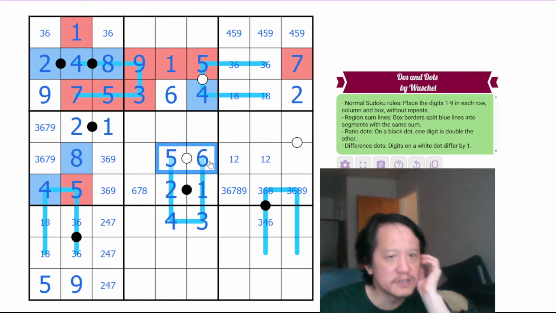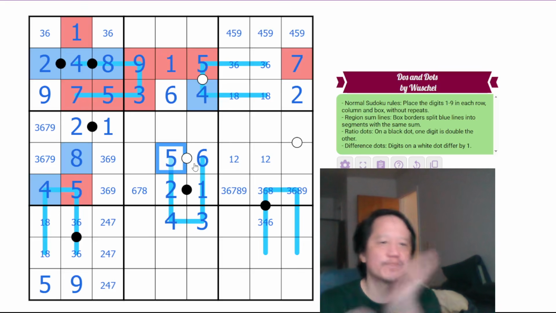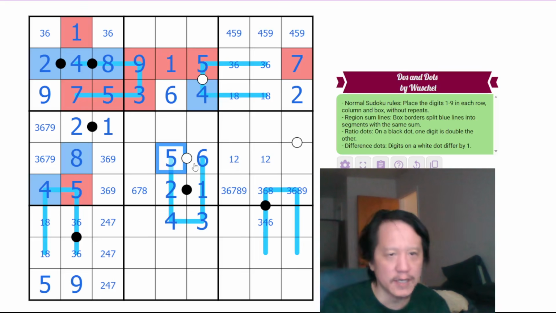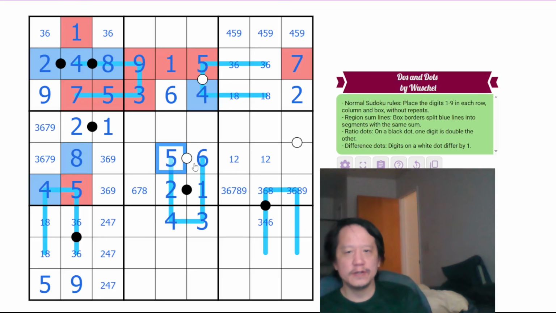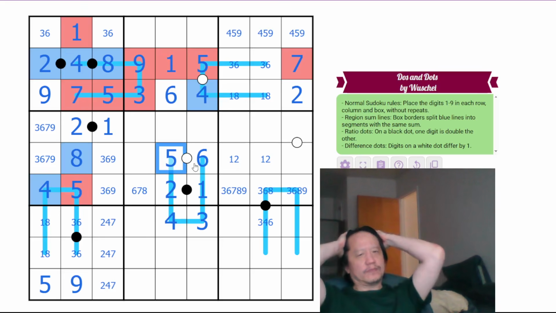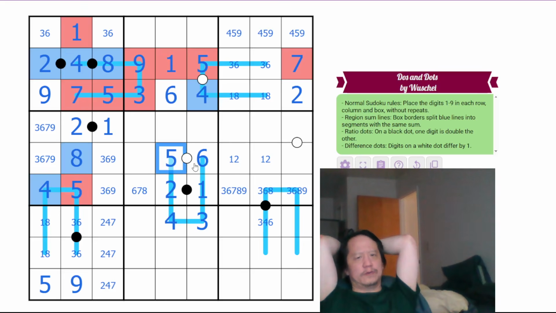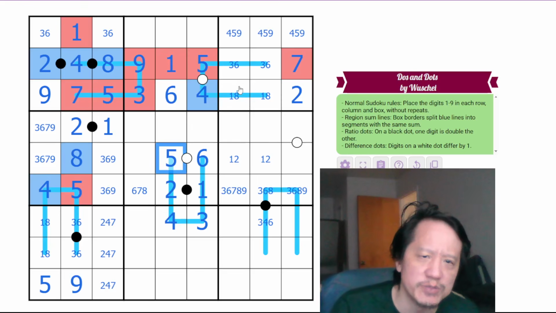Yeah, it can't be 6 and 7 because of 6 in the column. Wait, why couldn't this be 6 and 1?